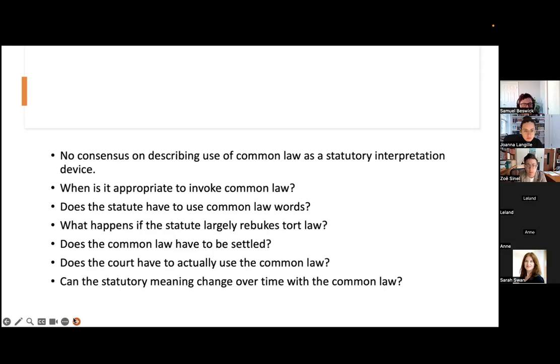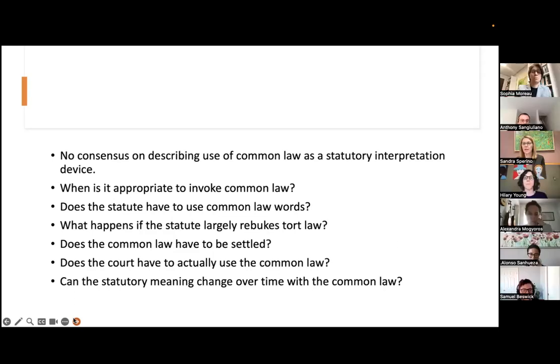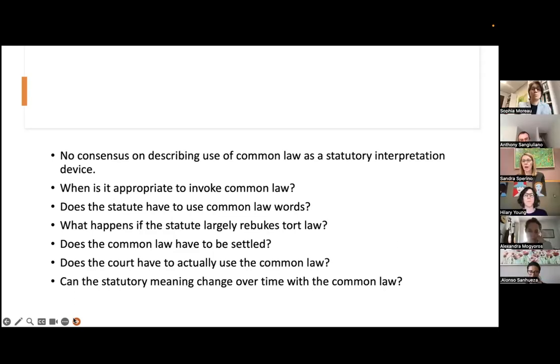How settled does the common law have to be? In other words, if we have a new idea in the common law, does that somehow get brought into the statute? Or do we somehow arrive at a fixed version of the common law that we then import into the statute? And so over time, the tort law would continue to evolve, but the statutory law would remain static.